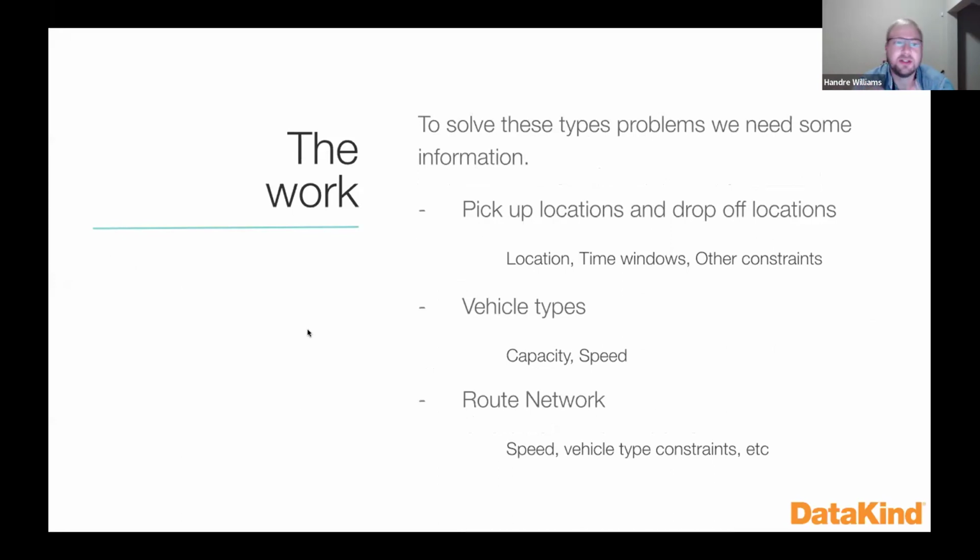We have other constraints, like some vehicles can't reach certain locations, but other vehicles can, so we need to assign the correct vehicle to do the pickup or the drop off. The vehicles can also maybe travel at different speeds. We need to take that into account. And then the route network, as I've said before, it also has speed limits, speed constraints, vehicle type constraints, and that type of thing.